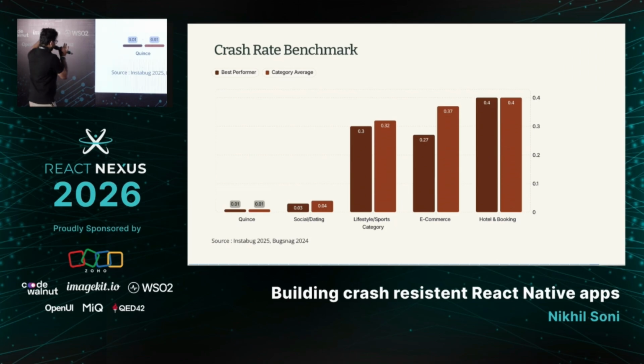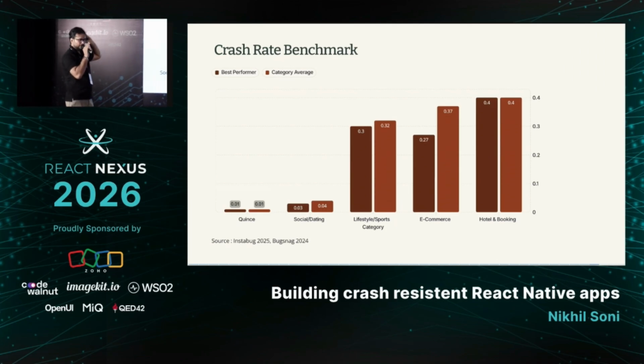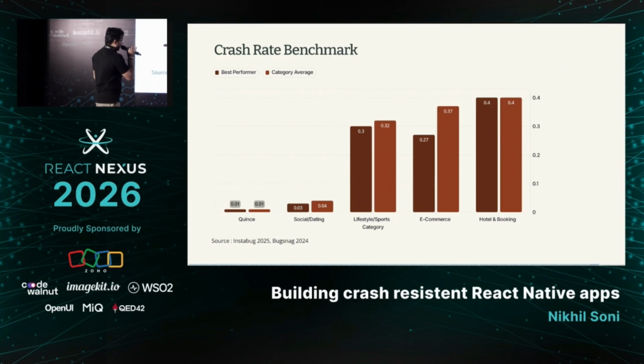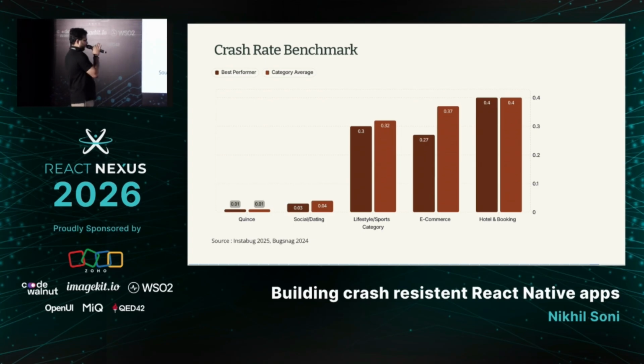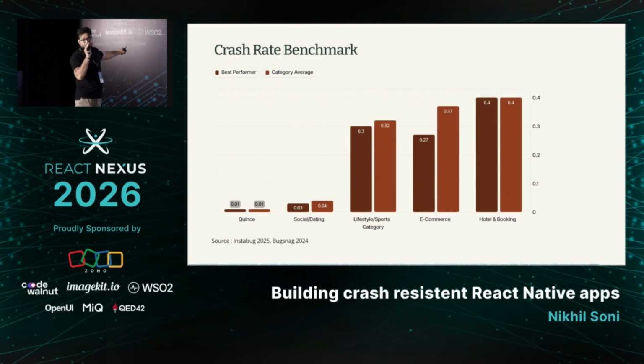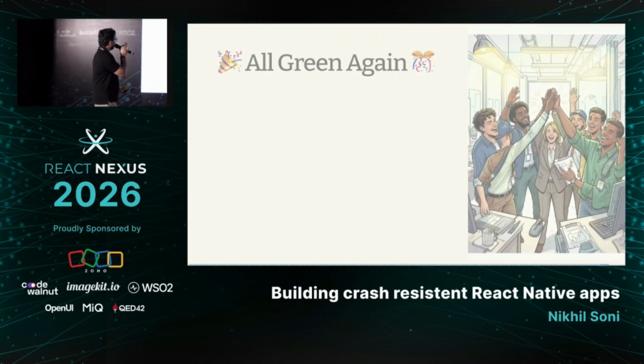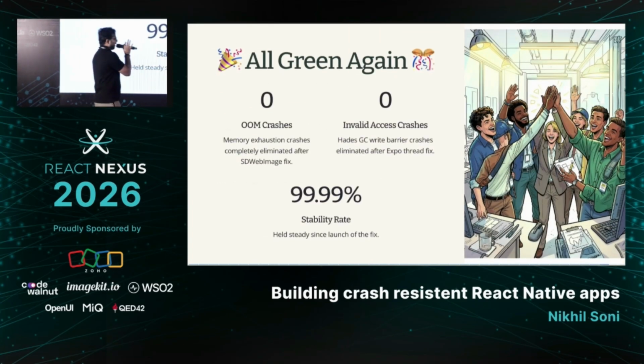Previously, Quince was at the far right side of the graph. This time it's the first. Because of the graph constraint, I was not able to mark 0.001, but yeah, it's 0.001. And yeah, all green again.